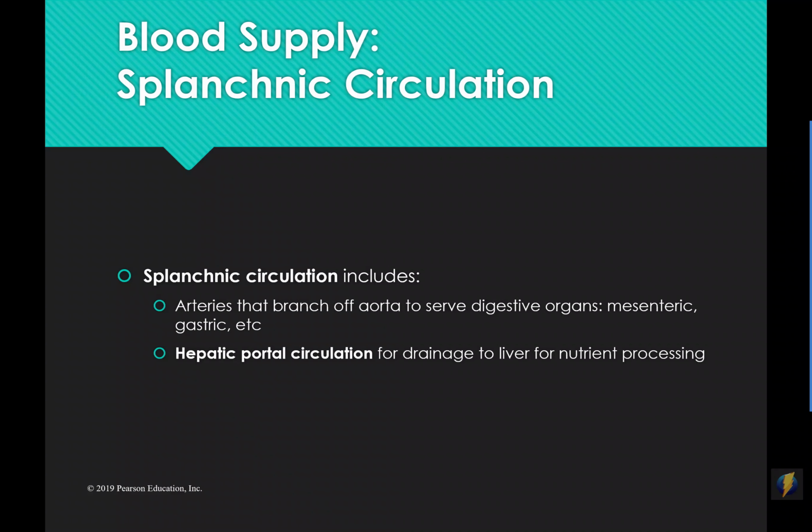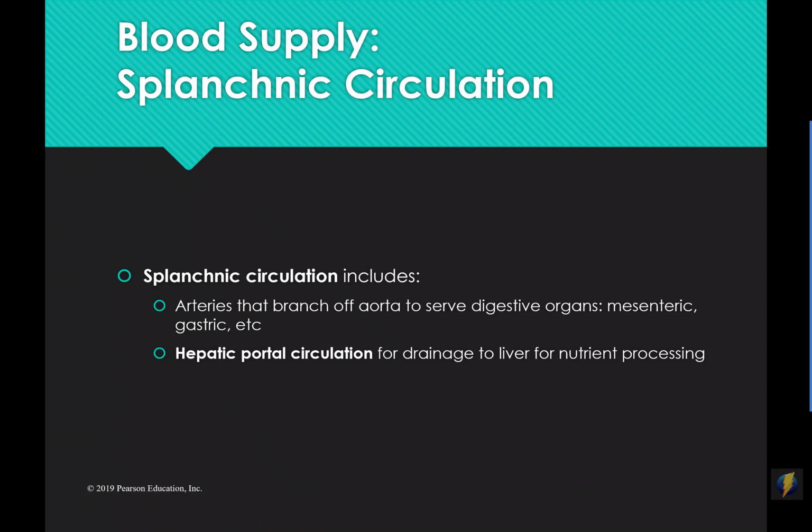The blood supply to the digestive tract is collectively called the splanchnic circulation. So this includes all of the arteries that branch off of the aorta that serve all of our digestive organs. So we're talking about the hepatic artery and the mesenteric arteries and the gastric arteries and the pancreatic arteries and so on and so forth.